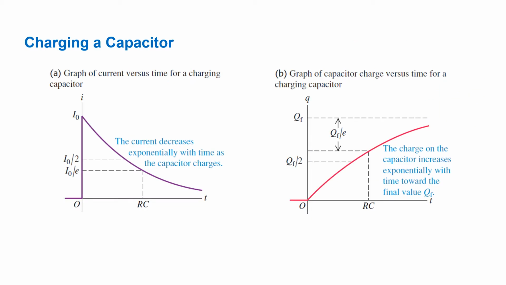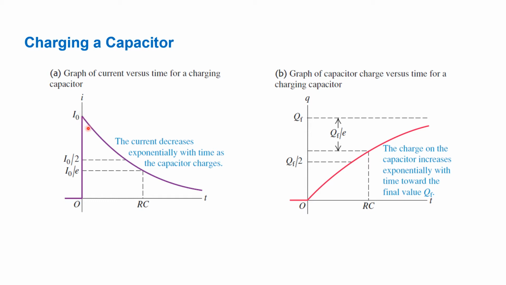These are the graphs of the current versus time for charging the capacitor. So this is I versus t. And this is the graph of the capacitor charge Q versus time for charging a capacitor. As you can see here, at time equals 0, which is at this point here, the current jumps to I naught, the maximum or initial current in your RC circuit.